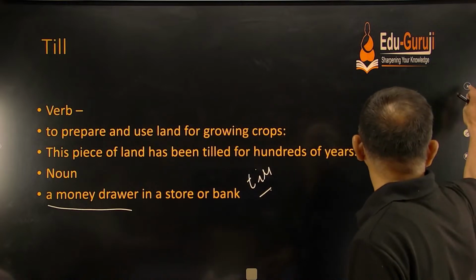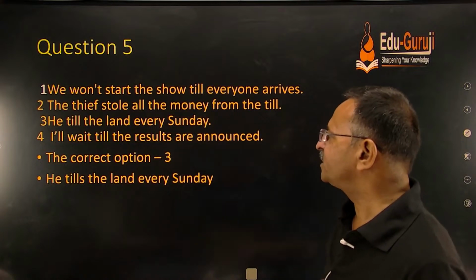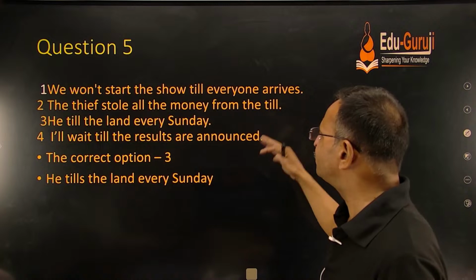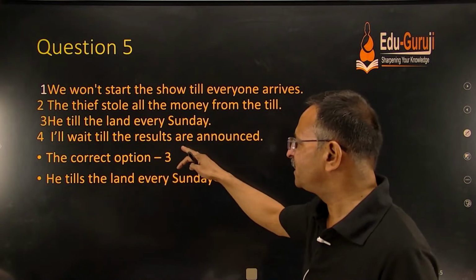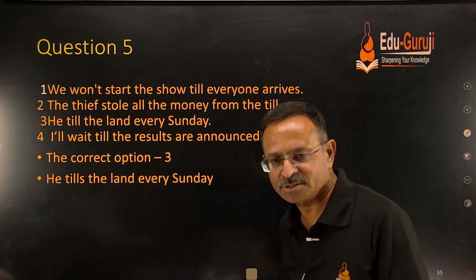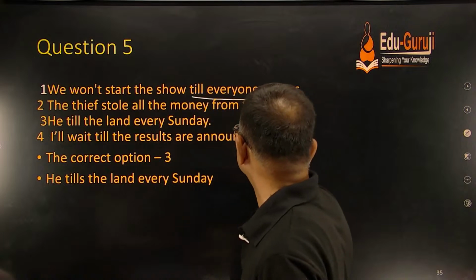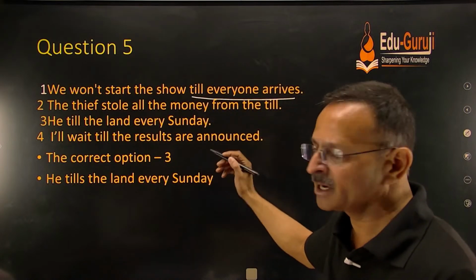Now let's go to the question part. Can you answer this? We won't start the show till everyone arrives. The thief stole all the money from the till. He till the land every Sunday. And I will wait till the results are announced. Looking at the first, we won't start the show till everyone arrives: is it correct or wrong?